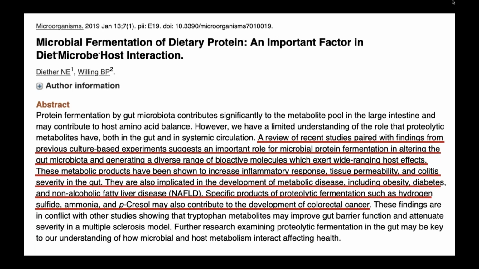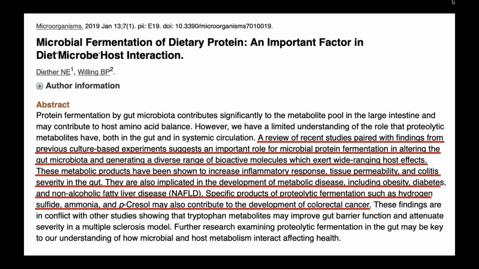They are also implicated in the development of metabolic disease, including obesity, diabetes, and non-alcoholic fatty liver disease.